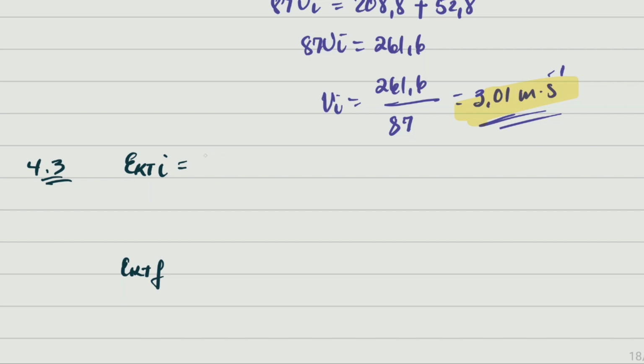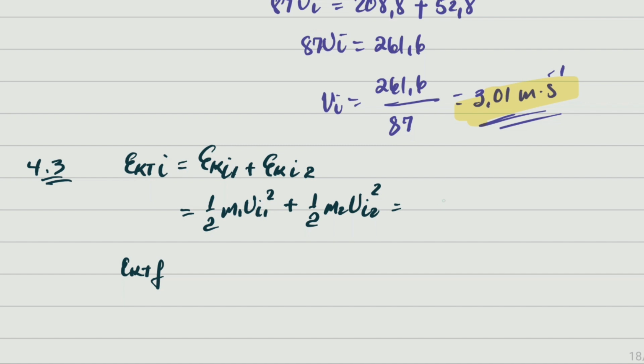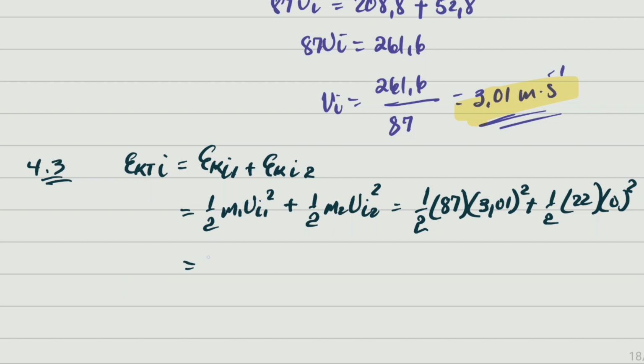Let's do this one really fast. The answer here is 394,11 joules. So now for the second one, K total final, and I'm going to already write that on there.